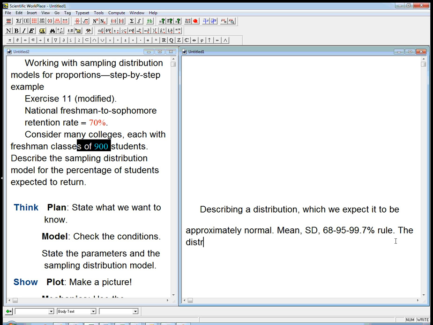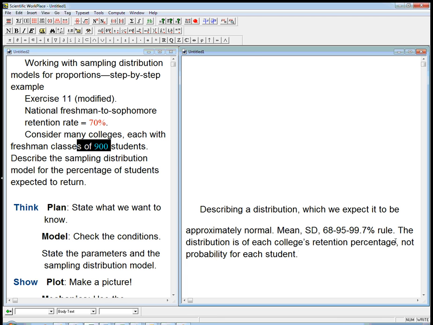The distribution is of each college's retention percentage, not the probability for each student.